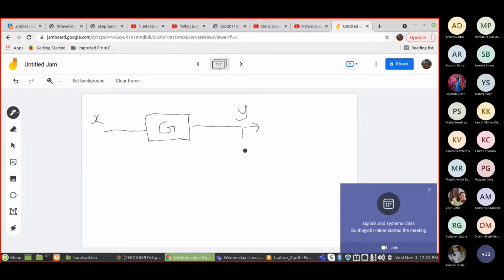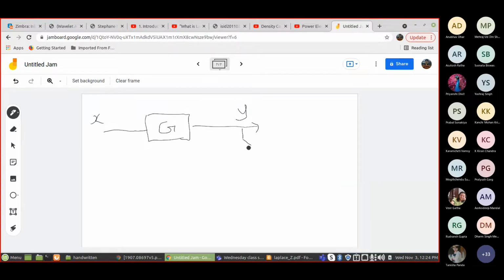So imagine a switch here, and an adder here. With this switch open, y of s is just g of s times x of s. This is called open loop because this feedback loop is open.